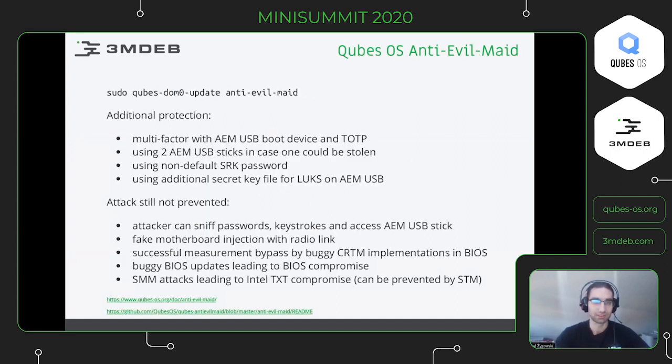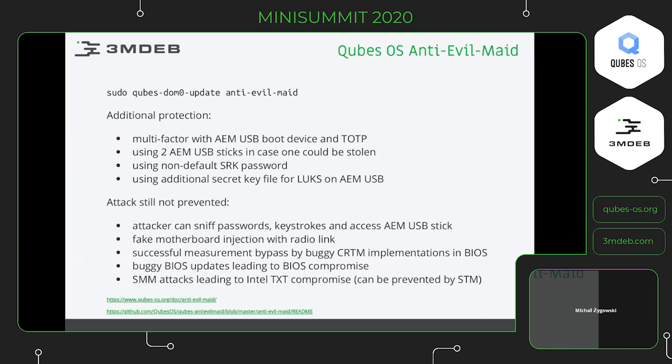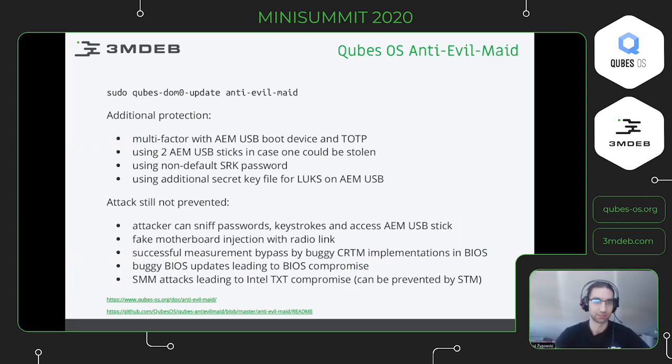So how can one install the Evil Maid? Basically, it's a matter of executing qubes-dom0-update anti-evil-maid, and it installs all the required packages. Then one just has to proceed with the instructions in the Evil Maid repository README and execute the scripts prepared by this package. So what does Evil Maid provide? It provides additional protection by incorporating multi-factor authentication at boot time with the Evil Maid USB stick and the TOTP codes.